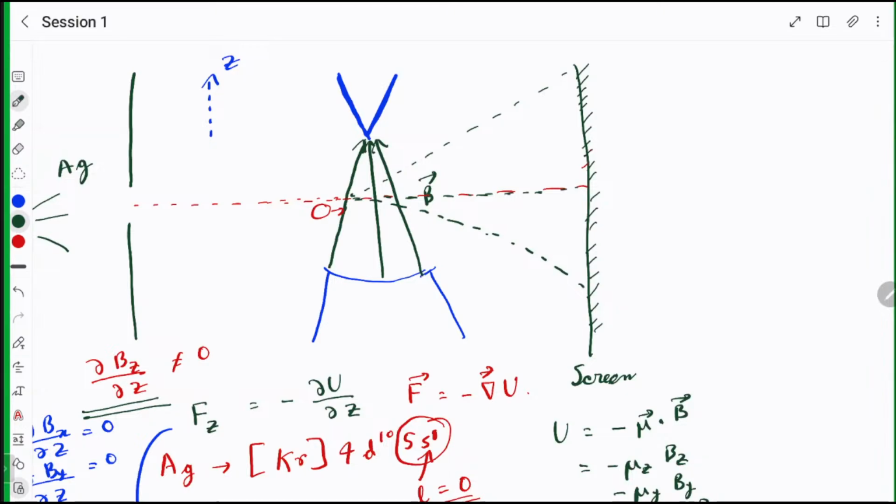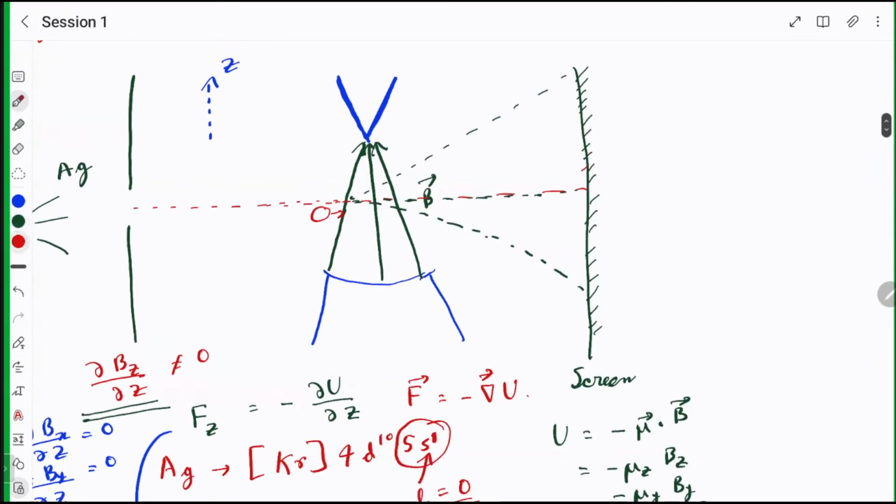So what we expect to see on the screen is that there would be silver atoms all over the screen almost.